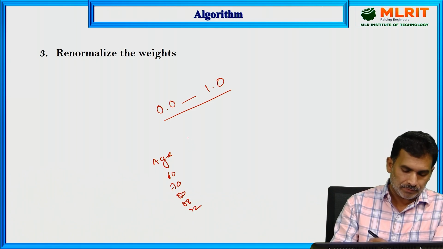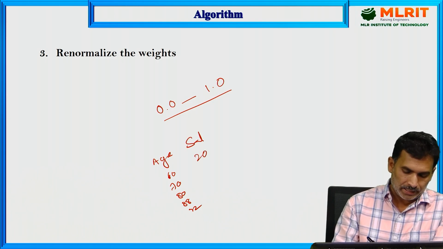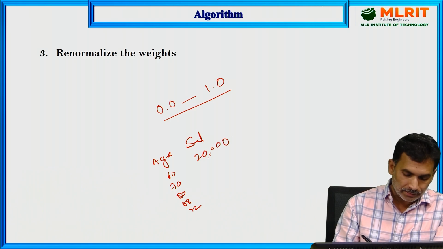Similarly, if you take another attribute called salary, suppose 2 lakhs, or even 20,000 also makes sense, or 1 lakh.